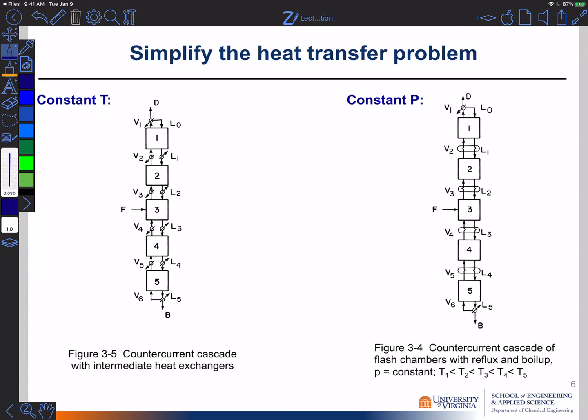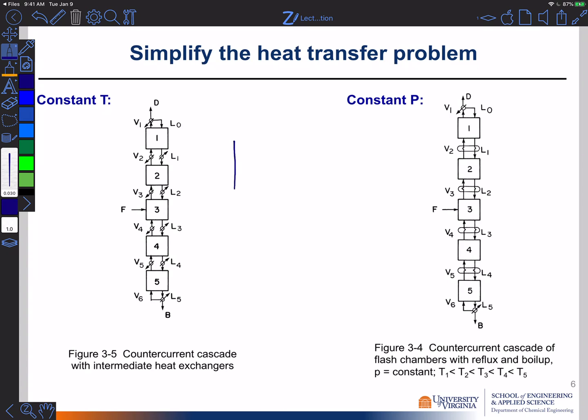But that's also intense from a process perspective and not necessarily something we really want to do, especially given that we have the option of using a constant pressure approach, where now we can allow temperature to change and we can integrate the heat transfer element by just allowing the liquid and vapor streams to come into contact with each other in between the different stages. And so this is pushing us toward what we're going to see in terms of column distillation. Now, instead of allowing changes in pressure to drive the vapor-liquid equilibrium separation, we're going to start thinking about how things change in terms of temperature.